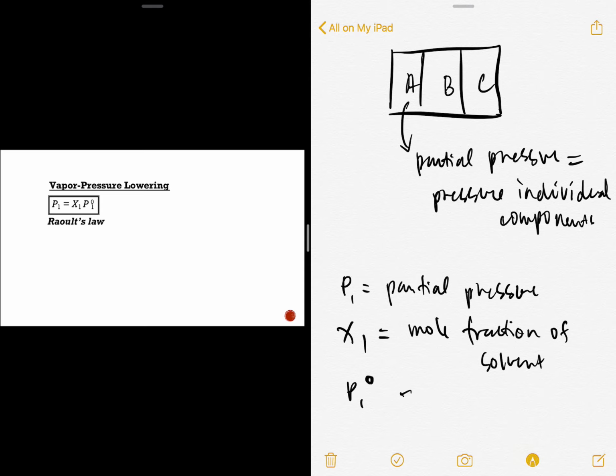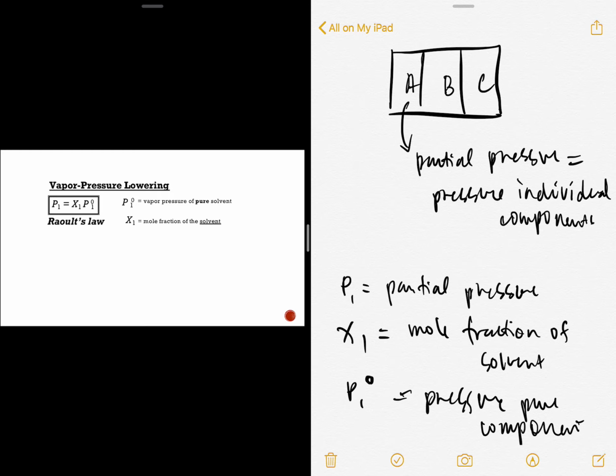This is the pressure of the pure component. Pure component. Okay. But take note, P1, vapor pressure of your pure solvent. Ayan, pure component, pure solvent. X1 or mole fraction 1 is the what? Mole fraction of your solvent.